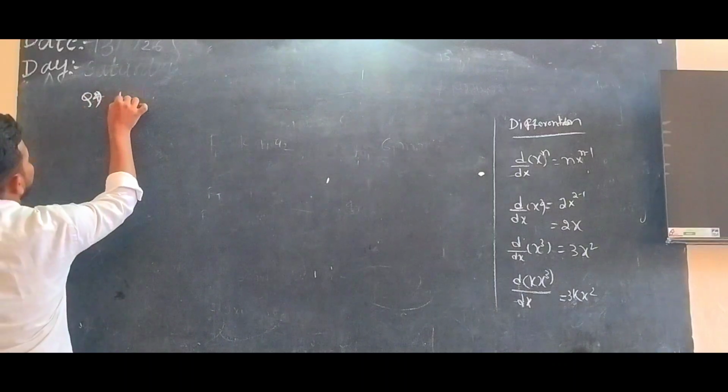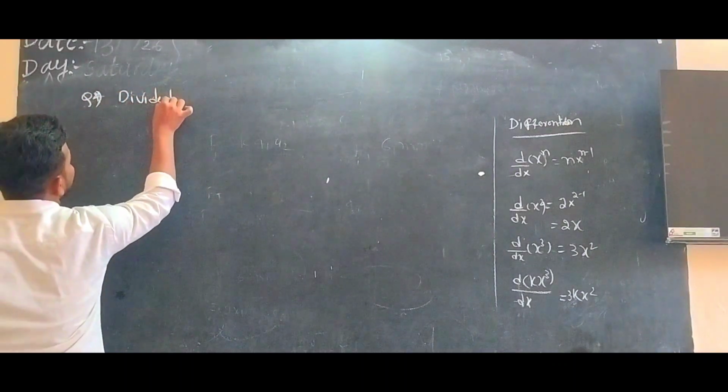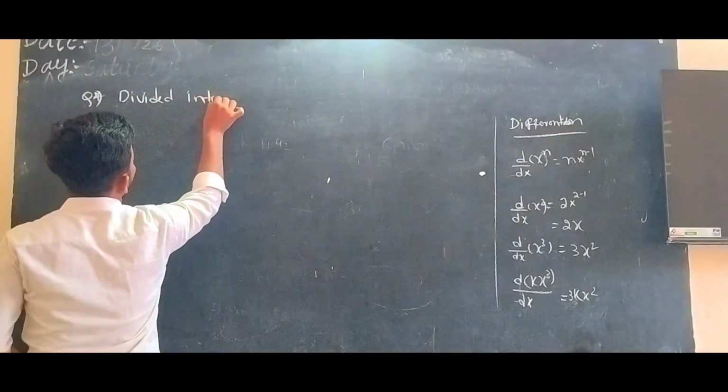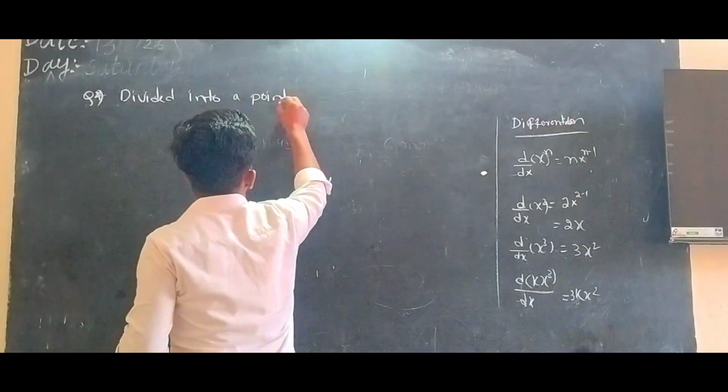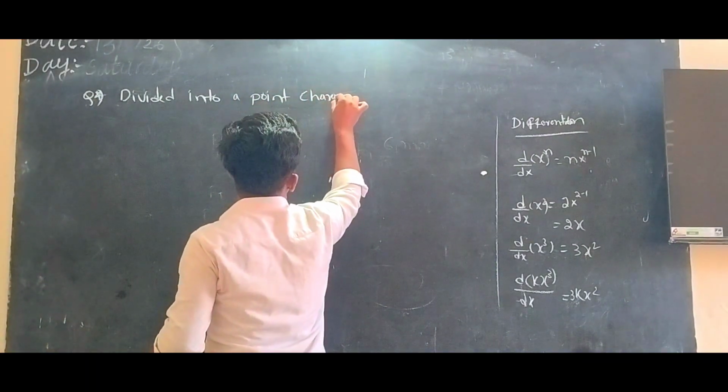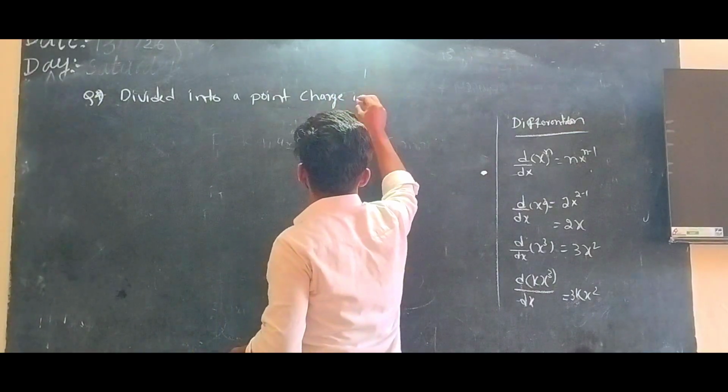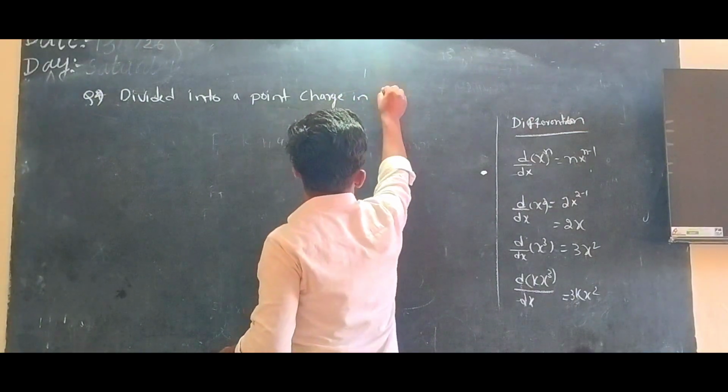Question. Divide a point charge into two parts.